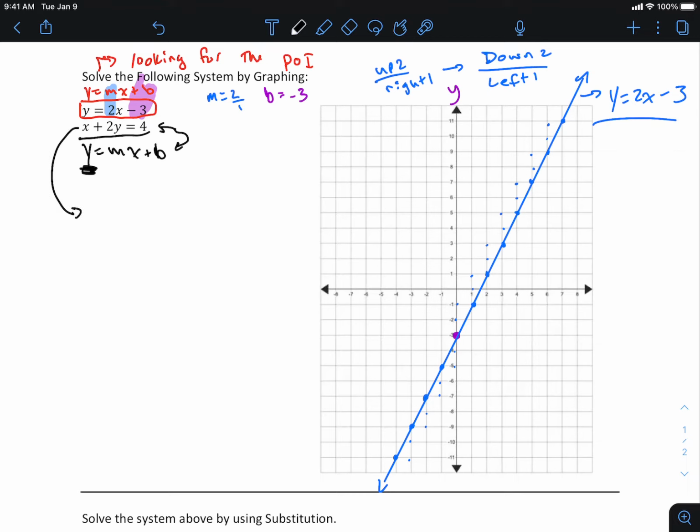If I want the y on the left, then I'm going to rewrite this just so I have some room to work. Okay, if I want the y on the left, well it is on the left right now, but it's not on the left by itself like it is in the general form of a line, y equals mx plus b. And so you're going to do some rearranging here in order to actually make that true.